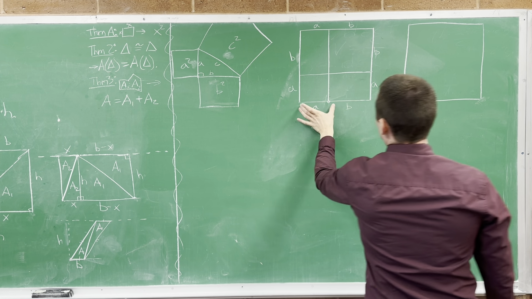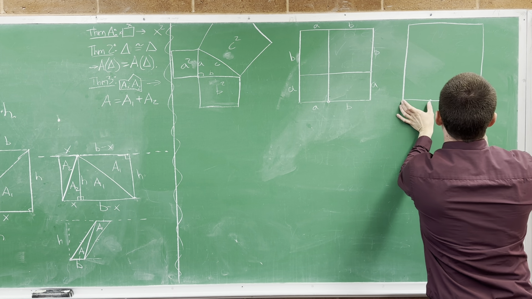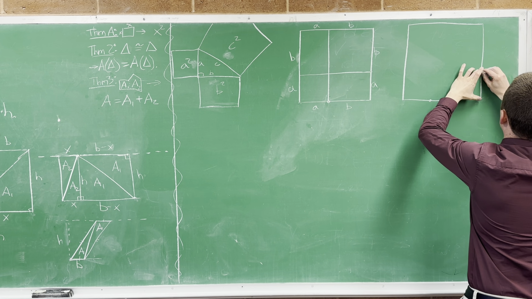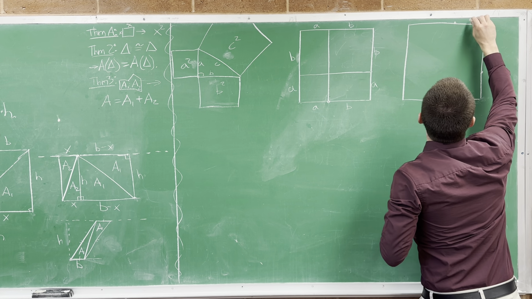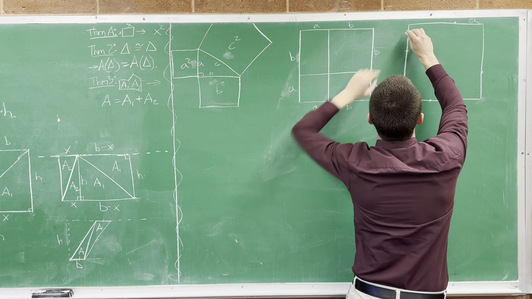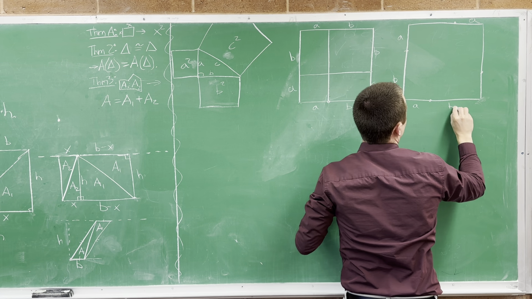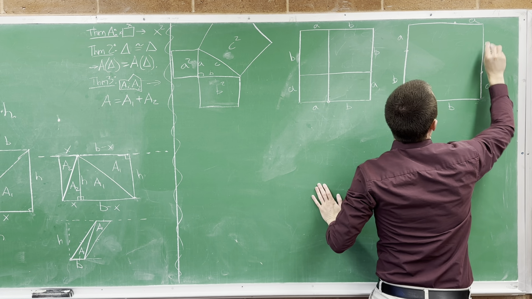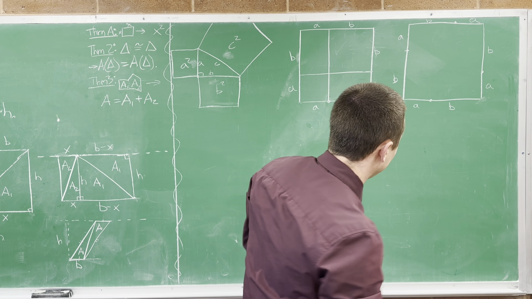So again, I'm trying to do A here, A here, A here, and A here, and then this would be B. That was A, B, A, B. And now I'm going to connect these points.